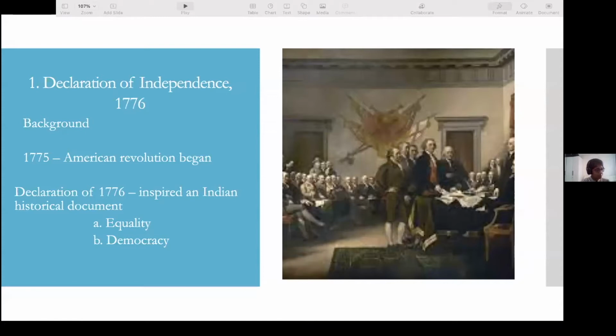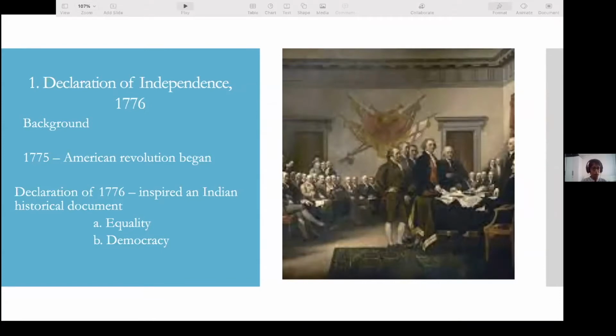Prior to 1783, that is before the American Revolution ended, America was loosely a group of 13 British colonies. And these colonies started having conflicts with the British Crown on grounds of taxation, representation in legislative bodies, and therefore declared a revolt or a rebellion, which is commonly known as the American Revolution, which began in 1775.